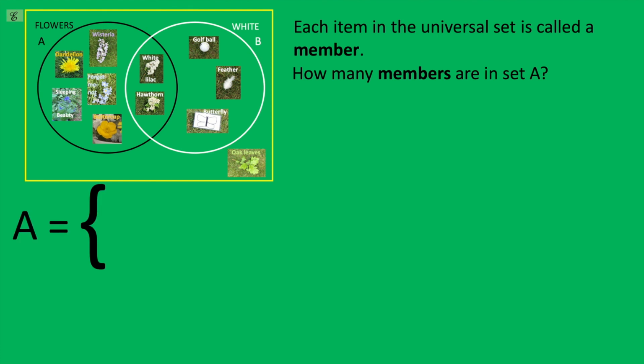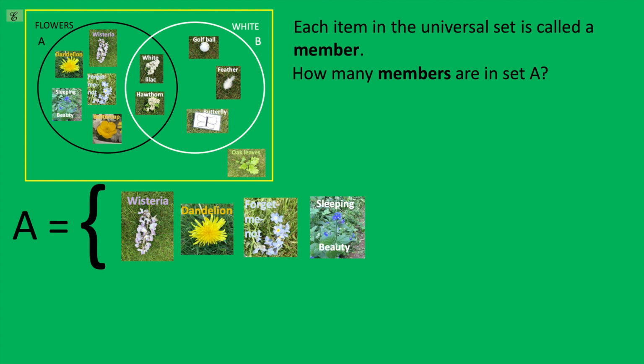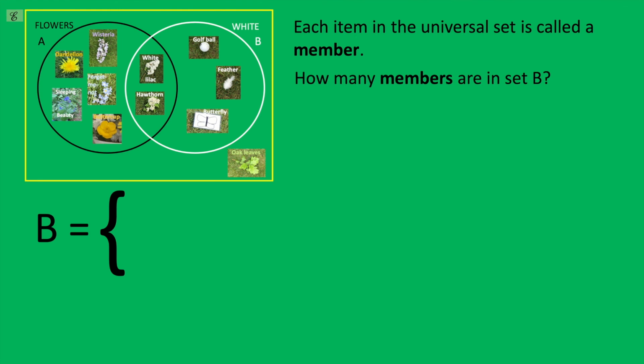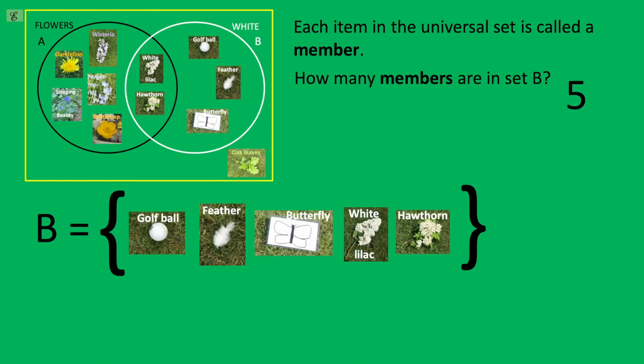Be careful to include those in the intersection. And that makes 7. And in set B, including the intersection, that's 5.